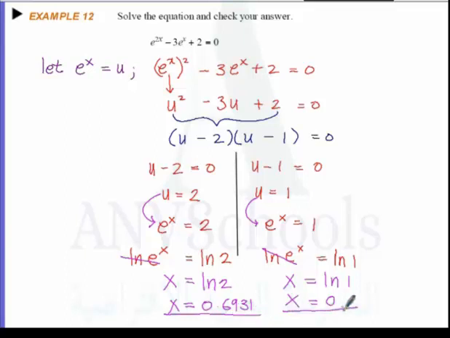Okay, so these are our solutions, and these numbers comprise my solution set. We have 0 and 0.6931. But are our solutions really the correct solutions for this equation?